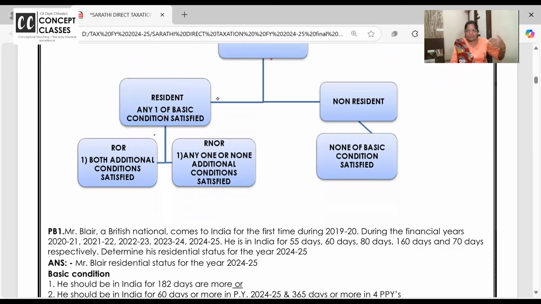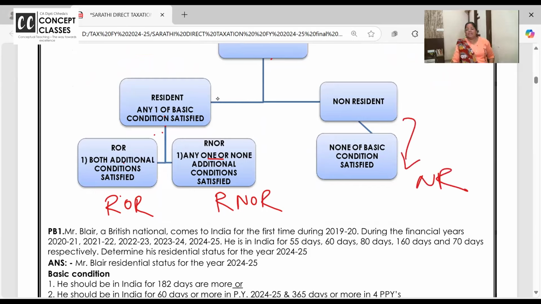First door crossed. Basic condition satisfied. Resident. Now, both additional conditions satisfied. Resident and ordinary. Basic condition satisfied. But additional condition, either one satisfied or none satisfied, then resident, but not ordinary resident. None of the basic conditions satisfied, then non-resident.